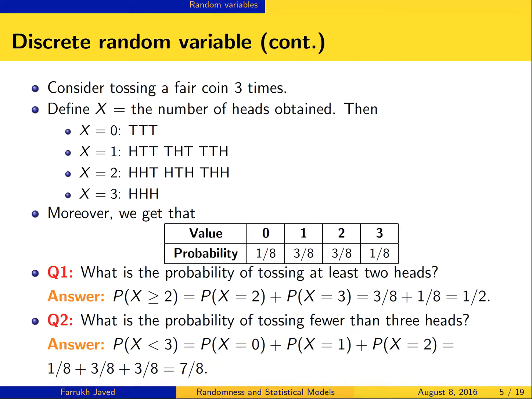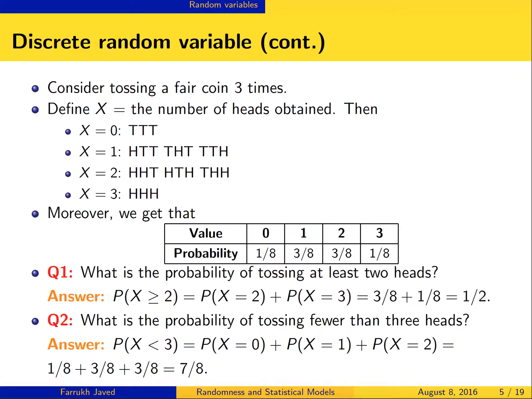So the probability that x equals 2 plus the probability that x equals 3 will give me the answer for the probability of tossing a coin with at least 2 heads, so to say. So we add up those 2 outcomes. The probability of x equals 2 was 3 by 8, and for x equals 3 it was 1 by 8, so the answer is 1 by 2.